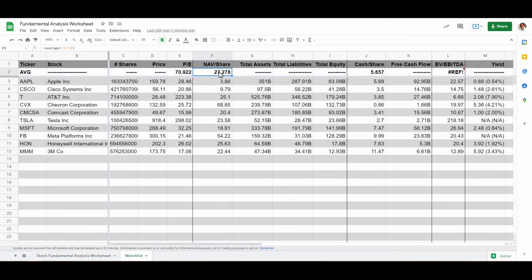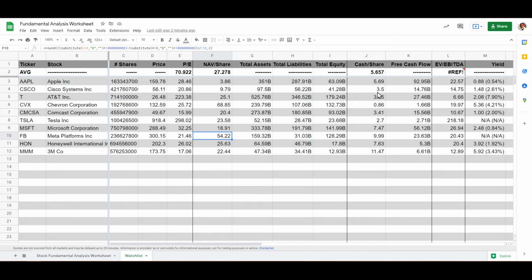It's not low by much, because if you look at Apple or Cisco or Comcast or Microsoft, those are all lower. But then you also have a company like Facebook or Chevron, which are trading way above the NAV per share. So out of these companies, if I was only going to pick 1 or 2, then maybe I should take Chevron and Facebook.